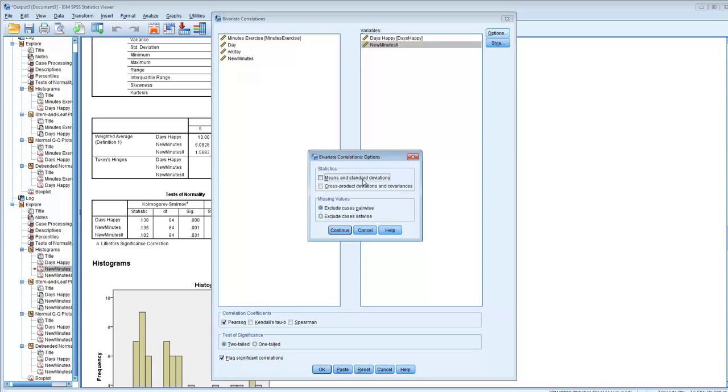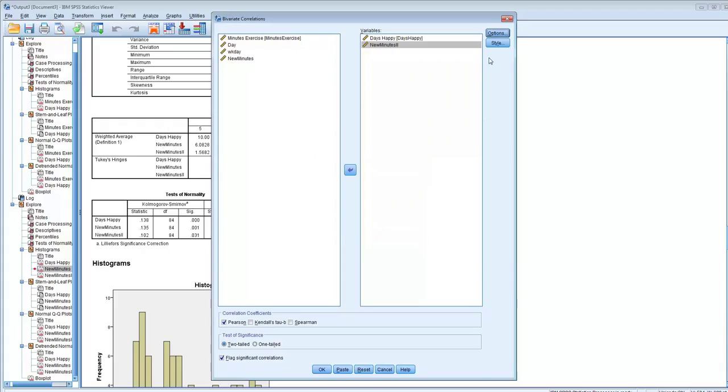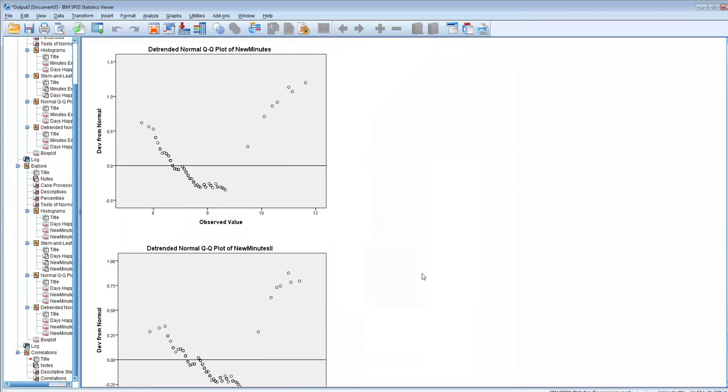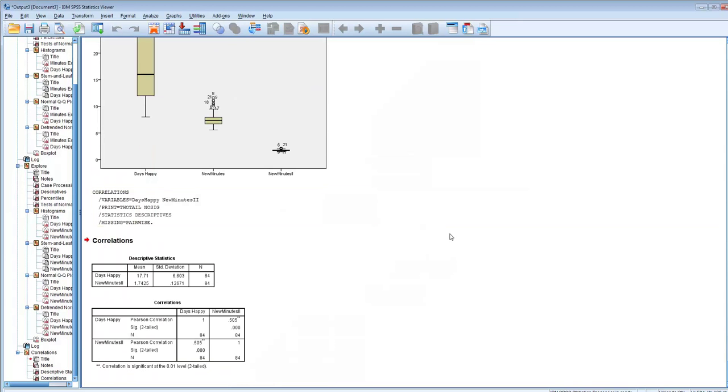And we click on options, and maybe you'd like to see the means and standard deviations, and click on continue. Maybe this is not necessary, but I think it's always interesting to make a decision about the data, how well the data has been distributed in this analysis. So let's go ahead and click on OK, and let's look at the output box. So when I look at the output box, I can see that I have days happy, a mean of 17.71.